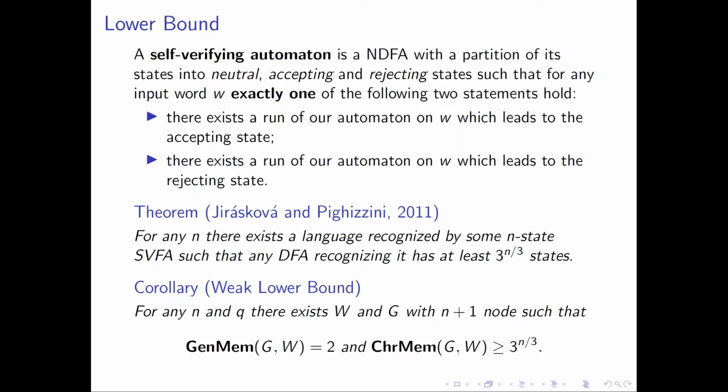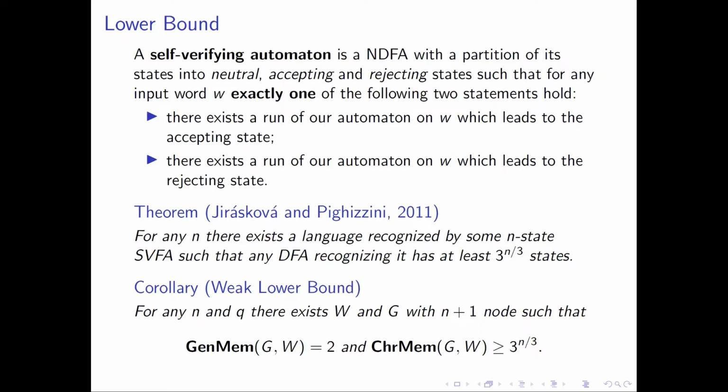So what is it? A self-verifying automaton is a non-deterministic finite automaton, and its set of states is partitioned into three kinds of states: neutral states, accepting states, and rejecting states.